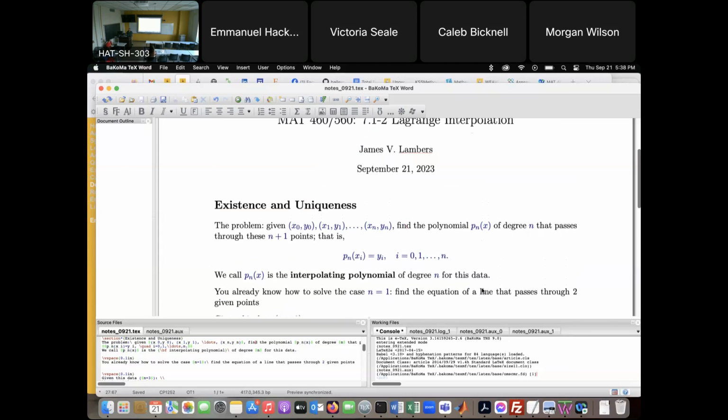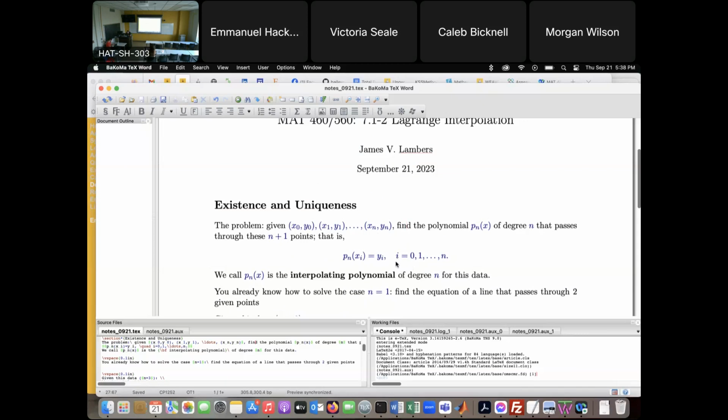Since 2 points determine a line, 3 points determine a quadratic or a parabola. 4 points determine a cubic, and so on. So that's why we have n plus 1 points determining the polynomial of degree n. So the degree is always 1 less than the number of points that you have.